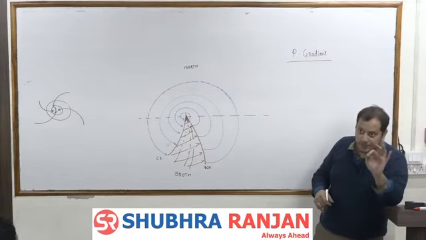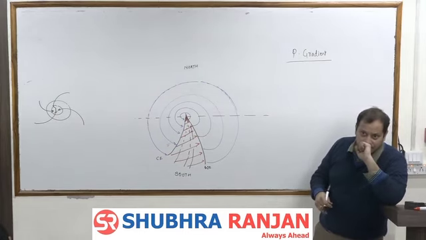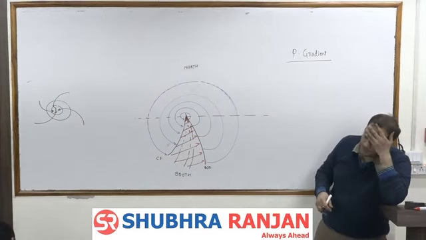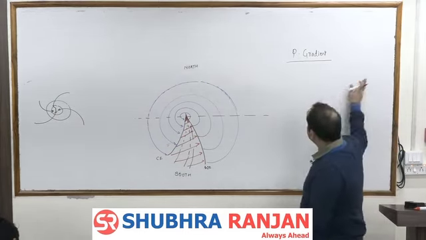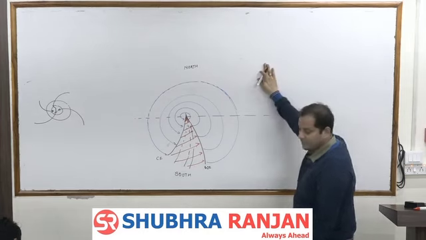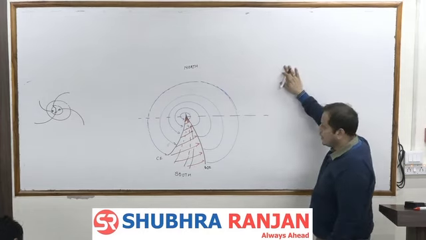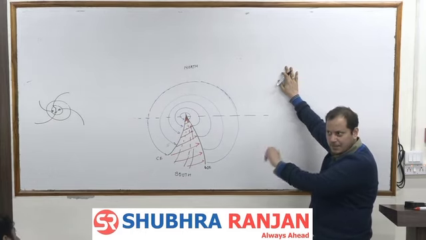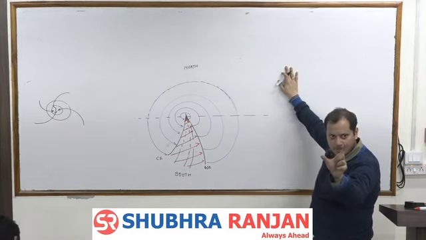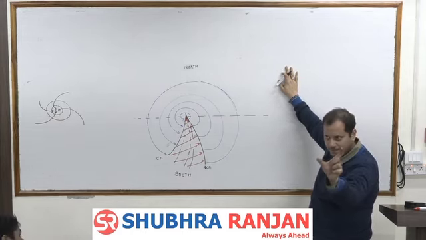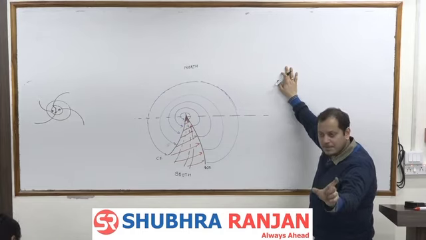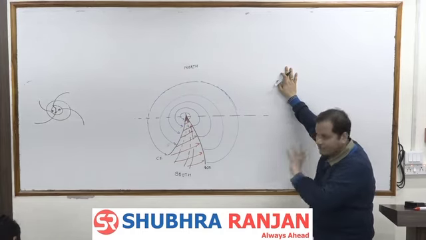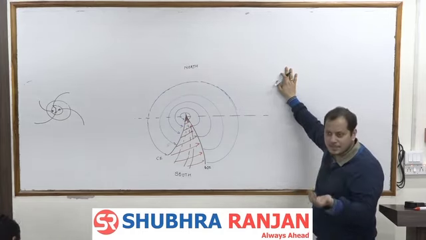Next point, next subheading: structure of temperate cyclones. Now this is the structure of a temperate cyclone. This is from top, right? अब you understand, I am just opening up this temperate cyclone कि हमें ground पे कैसे दिखेगा.